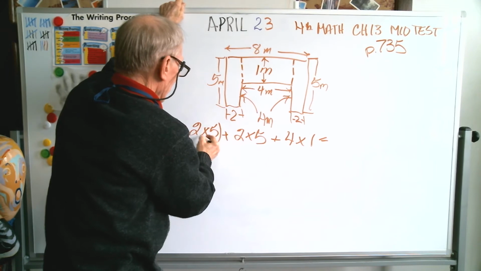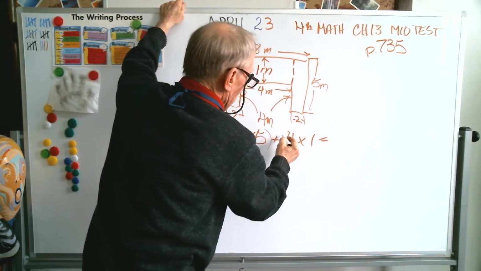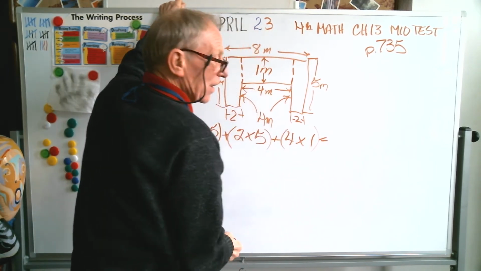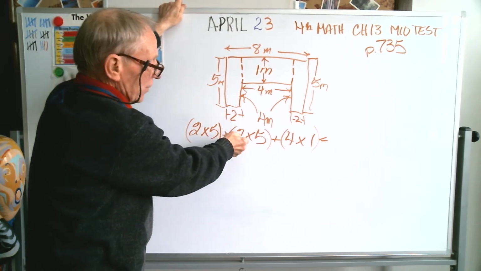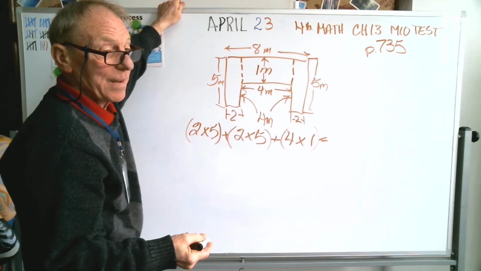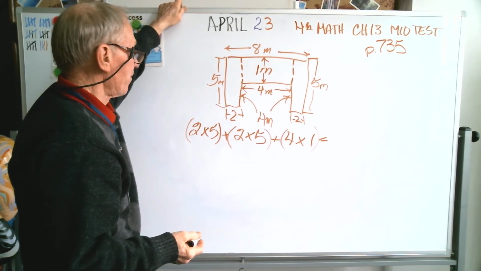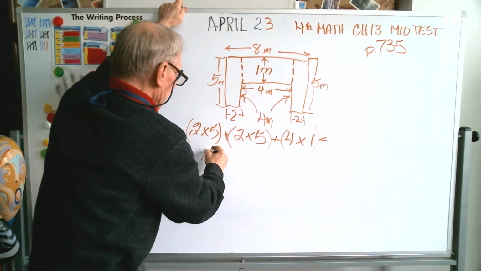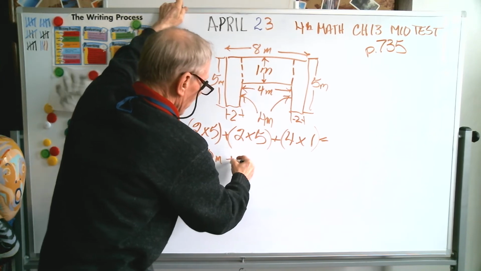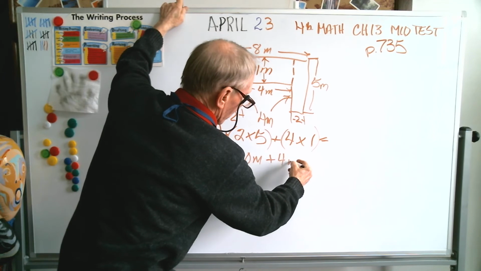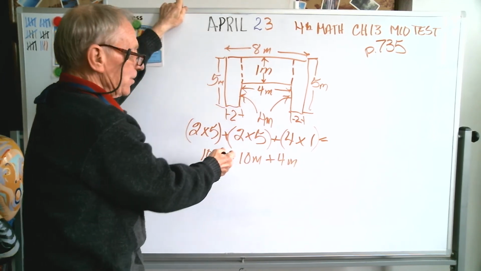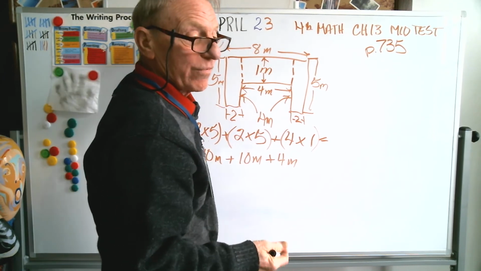Now, the reason I put this in parentheses is I want to do the multiplication before I do any addition. You don't want to add 5 plus 2 because that'll really mess up your order of operations. So anyhow, this is 10 meters plus 10 meters plus 4 meters. So 10 plus 10 is 20 plus 4 is 24.